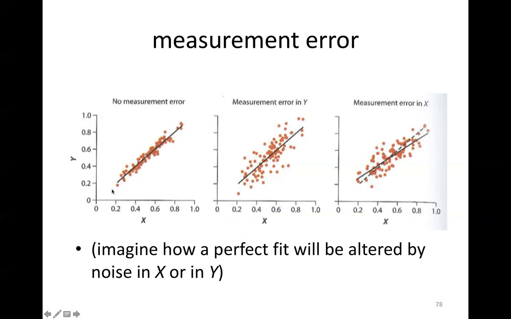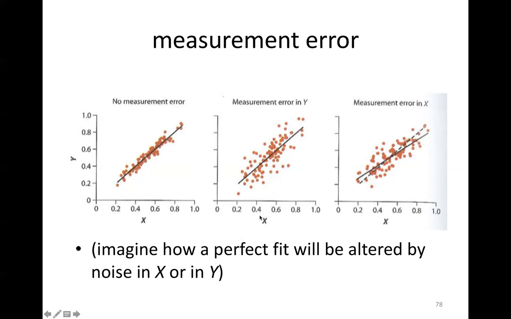So if there's additional error only on y values, then there will be more variance. So the residual mean squares will increase, right? Data will go from a nicer, tighter fit to a looser fit. But the slope doesn't necessarily change.